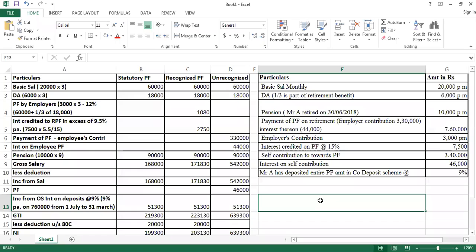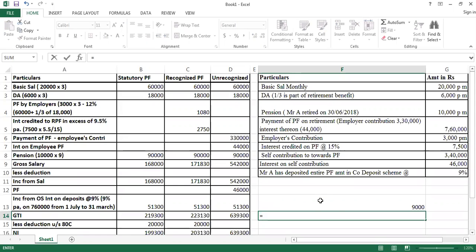9,000 rupees is the first value that I got. Minus 7,920.